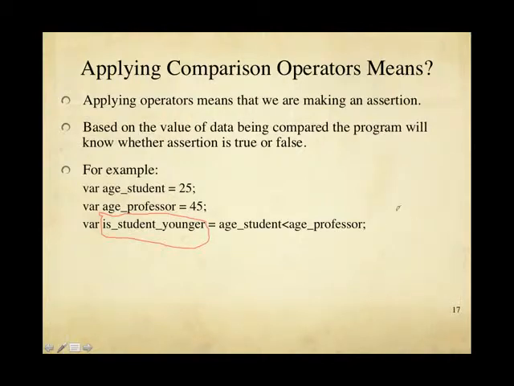Done? Okay. So if you answered true, you will be correct, because we are really doing this, 25 less than 45. So 25 is indeed less than 45, so a true will be stored.